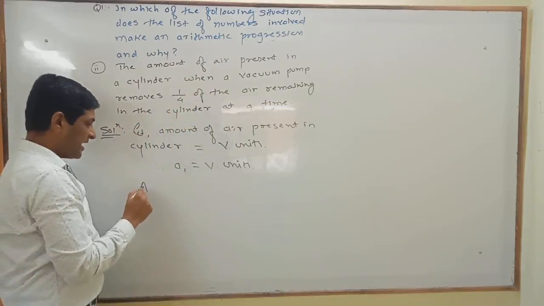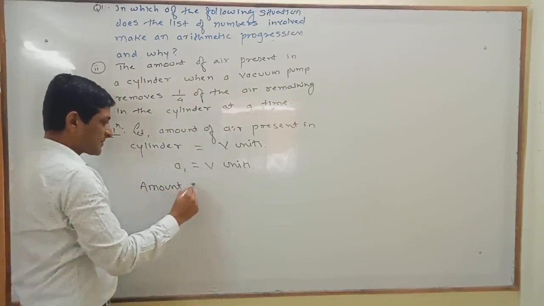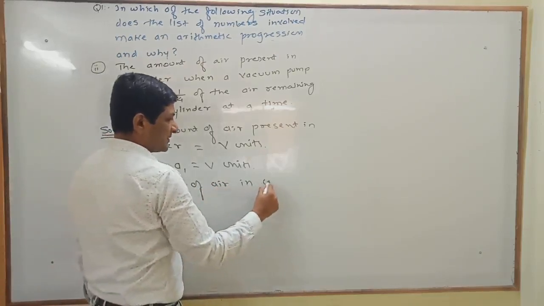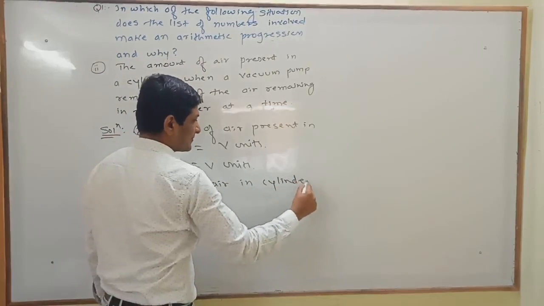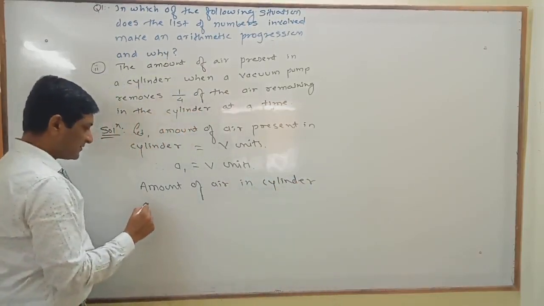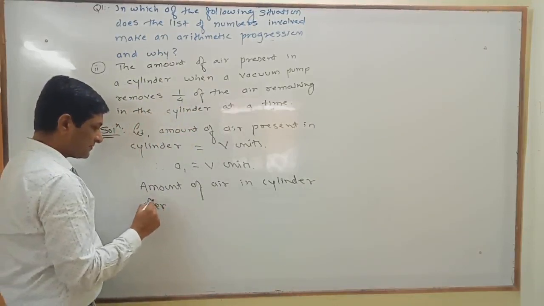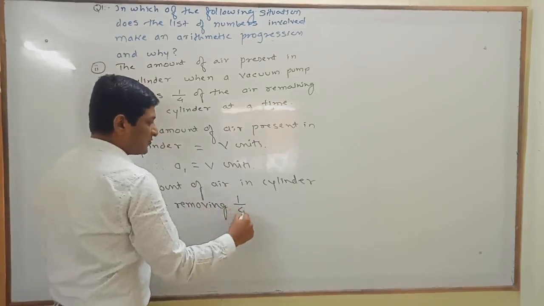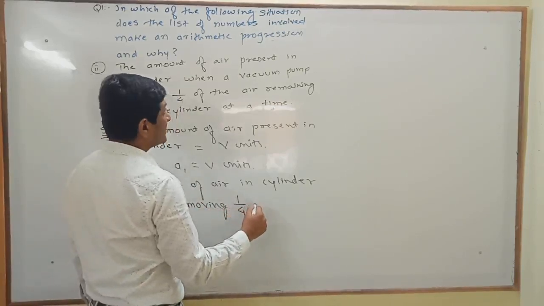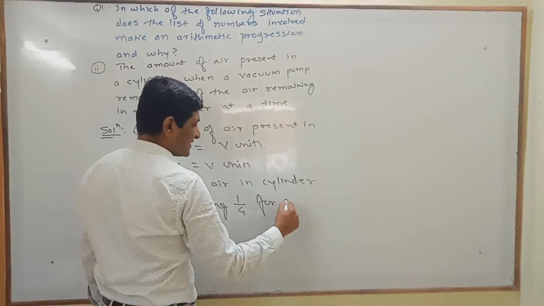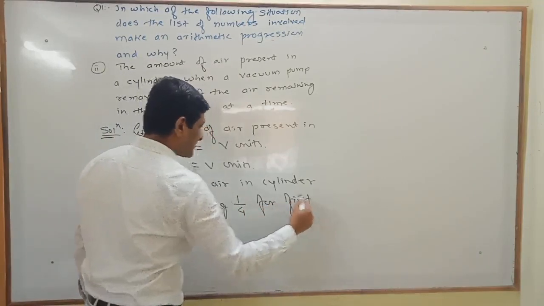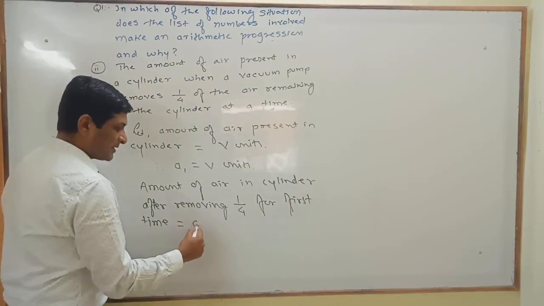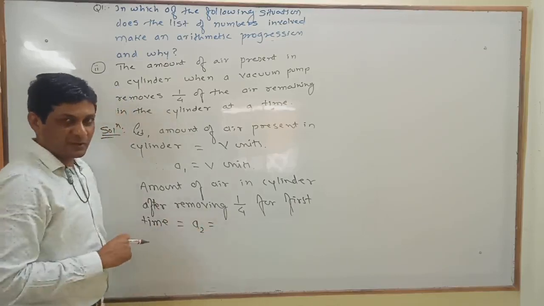So the amount of air in the cylinder after removing 1/4 for the first time is equal to, this will be our second term, that's why we are denoting it by A2.